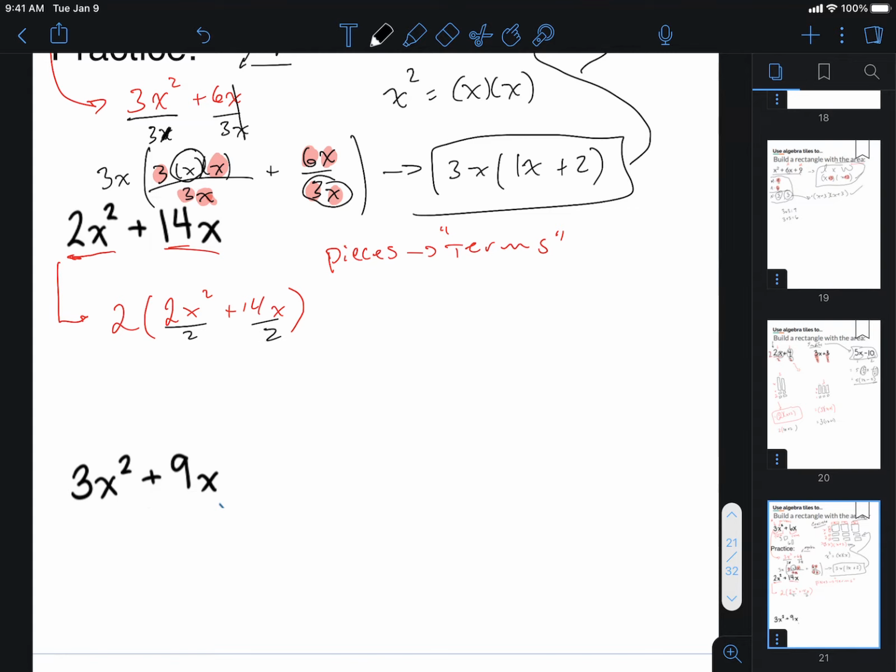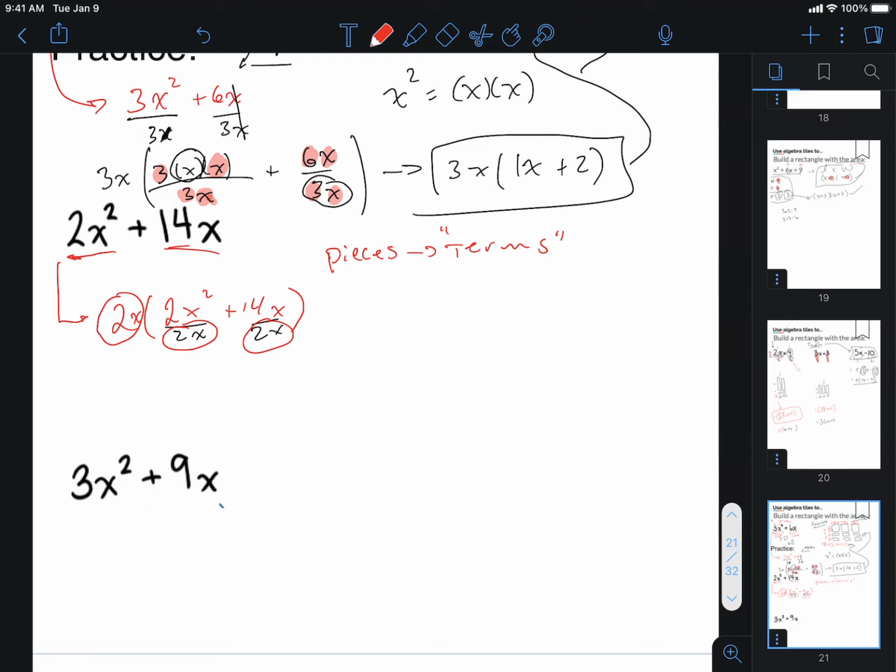Now, it also looks like there's an x in both of them, right? And so I could probably divide both of them by an x as well. Well, if I divide by an x, I better put the x out front as well, right? You can see whatever goes here has to match this.